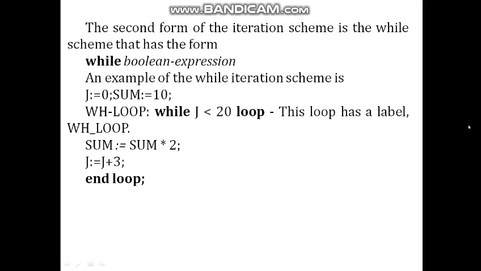The second form of the iteration scheme is the while scheme, which has the form: while boolean expression. An example of a while iteration scheme is: j equals 0, sum equals 10; while loop: while j less than 20 loop.